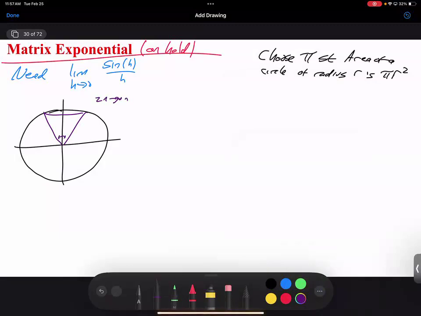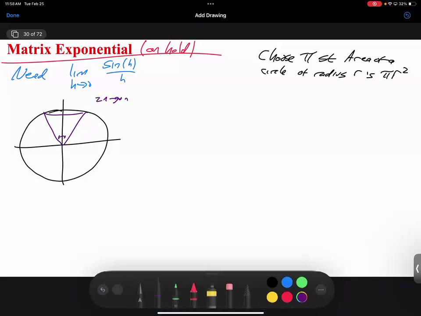So we have some angle over here, right? So if we have a 2n-gon, how many of these triangles will we have going all the way around? We'll have 2n of them, right?